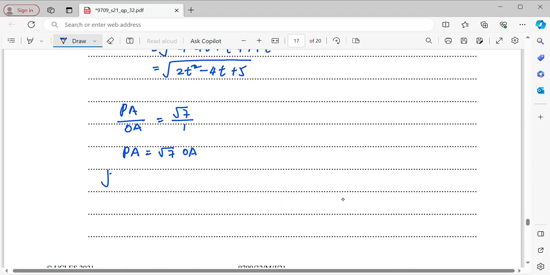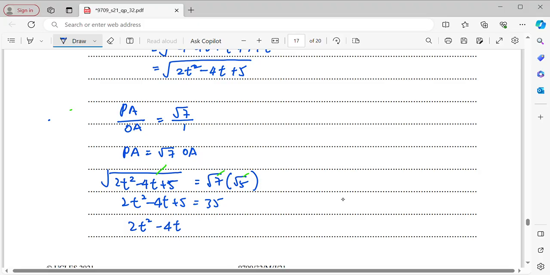PA is already found. OA we have found in the previous parts, which is square root 5. The right side combines to be square root 35, so you can ignore the square roots. Then I get 2t squared minus 4t plus 5 equals 35, which means 2t squared minus 4t minus 30 equals 0.